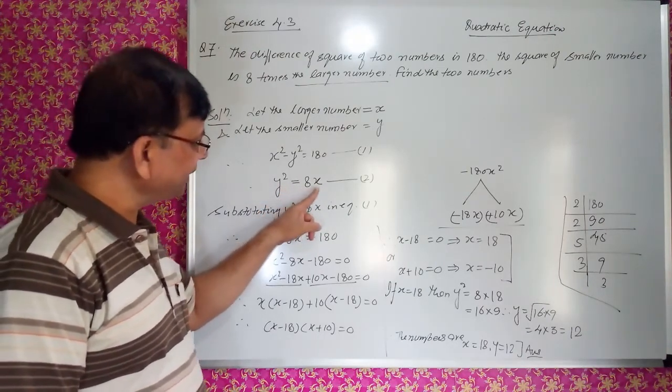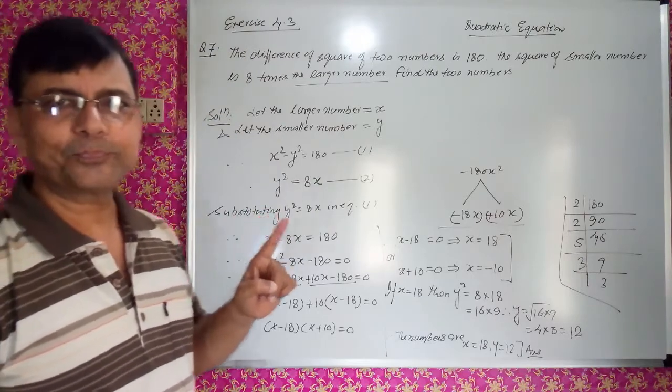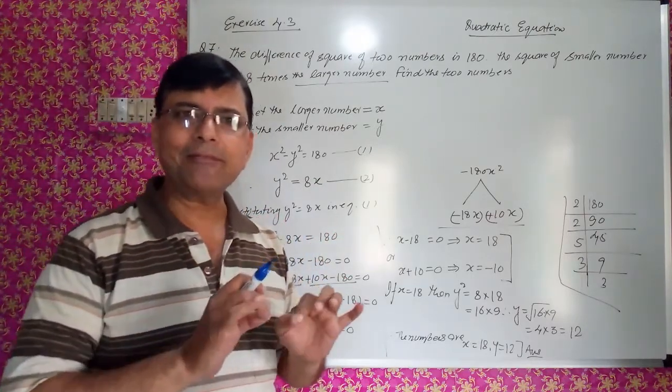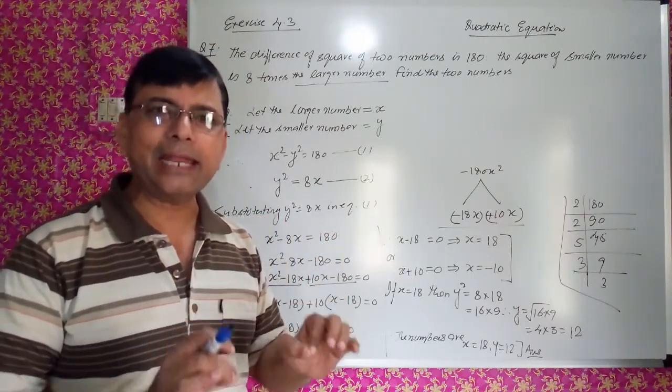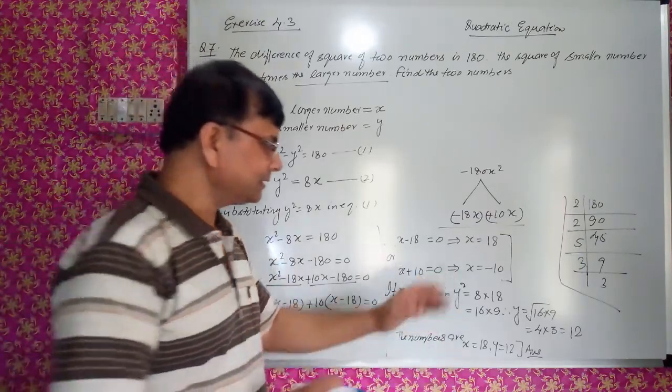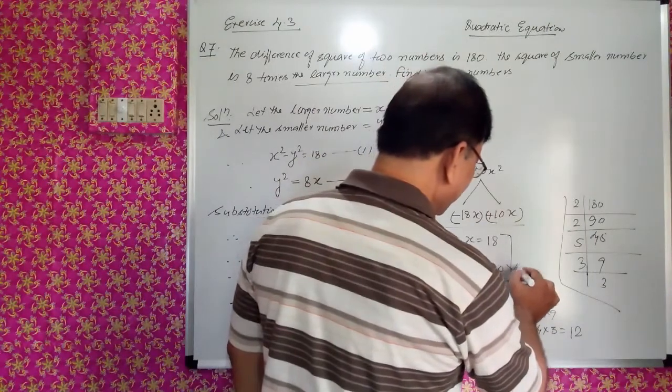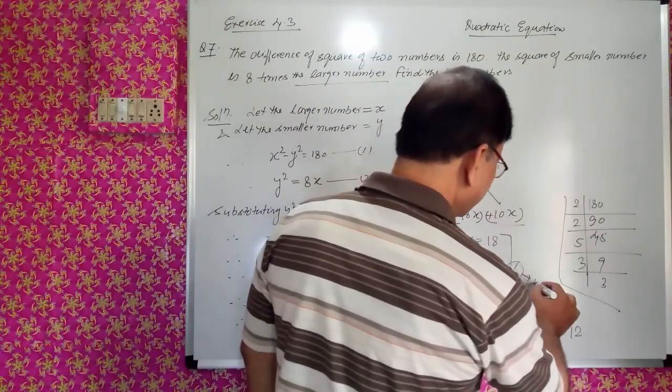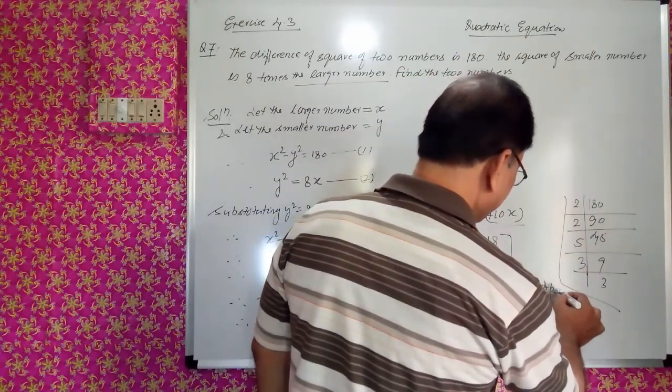Y square is equal to minus 80. So you will never get the square of any number to be negative. That is why this answer is not possible.